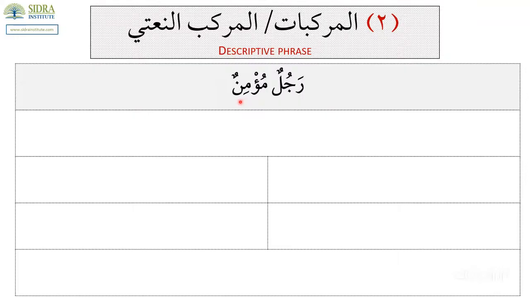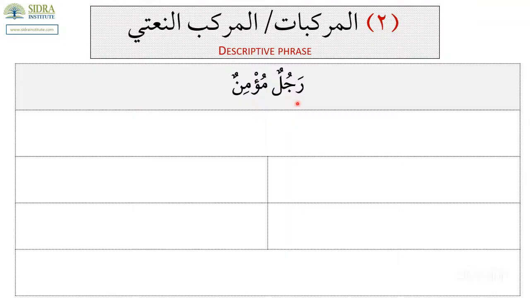So believing, and then we will mention the qualified noun, the man'ut, who the description is referring to, so man. So believing man. A bit like the possessive phrase, Allah's book. We mentioned the mudhaf ilayh when we use the apostrophe s. In man'ut and na'at, we will translate the second word in Arabic first. So believing, and then rajulun, man.